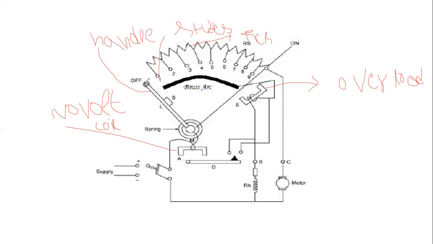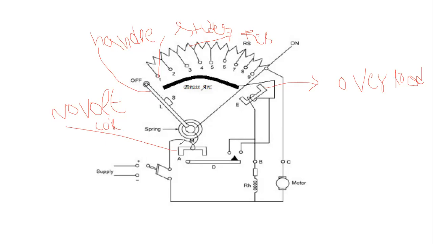After moving the handle from stud 1 to stud 9, this magnet is attracted by this overload coil. If any overload is obtained, this coil is demagnetized, and therefore it releases the handle.